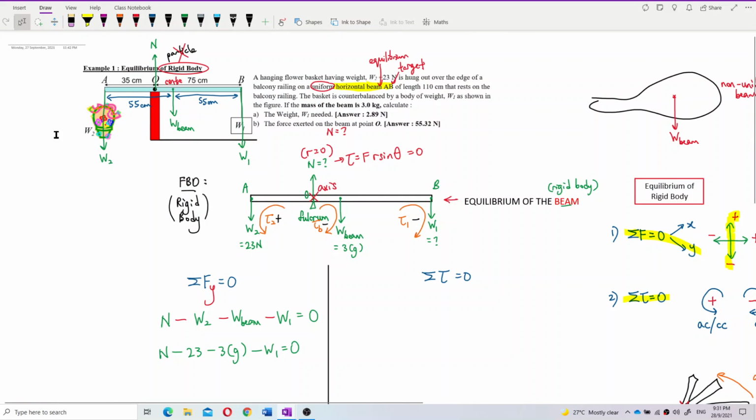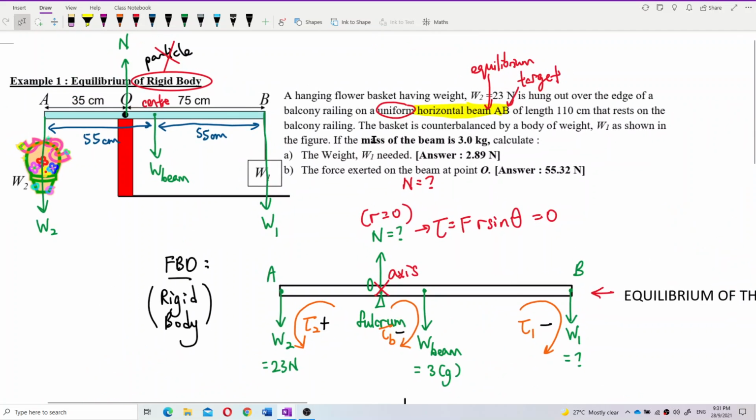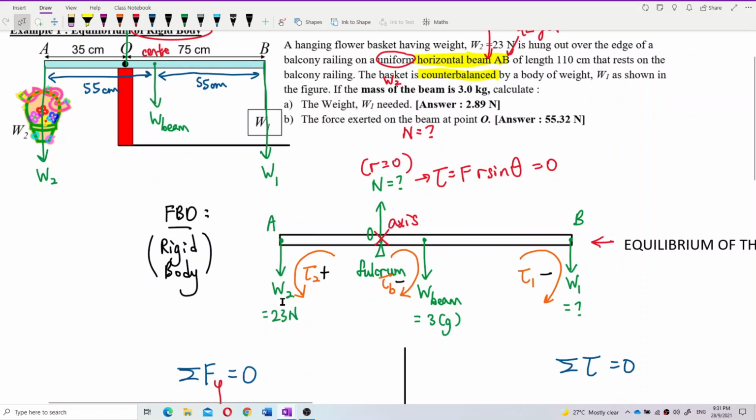You understand not? That's why he say the basket is actually the weight 2. Understand not? The basket is the weight 2. It is counterbalance. Counterbalanced by the weight 1. Yeah. This is the basket. The weight 2 is the basket. Make the object rotate anti-clockwise. But the basket is counterbalanced by the weight 1. Because weight 1 is opposite direction.